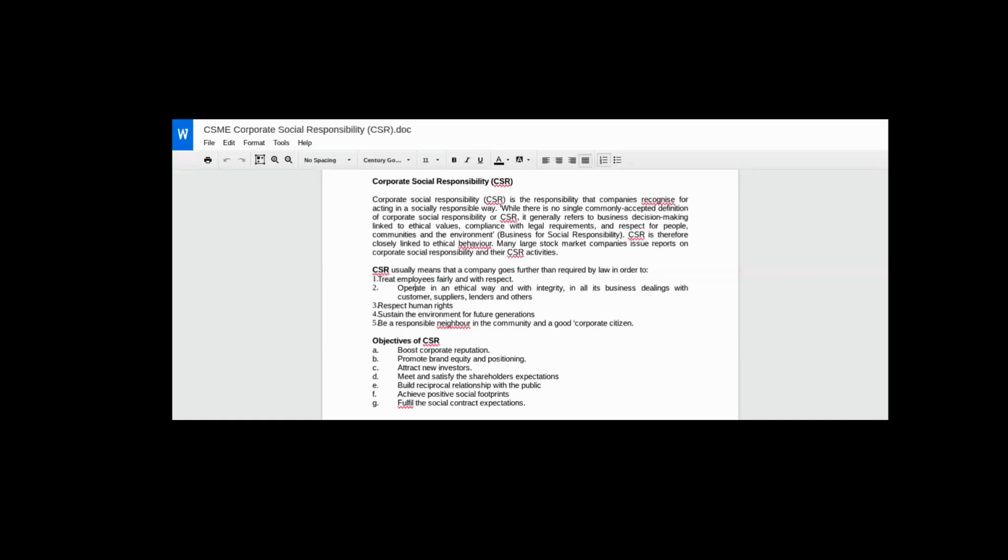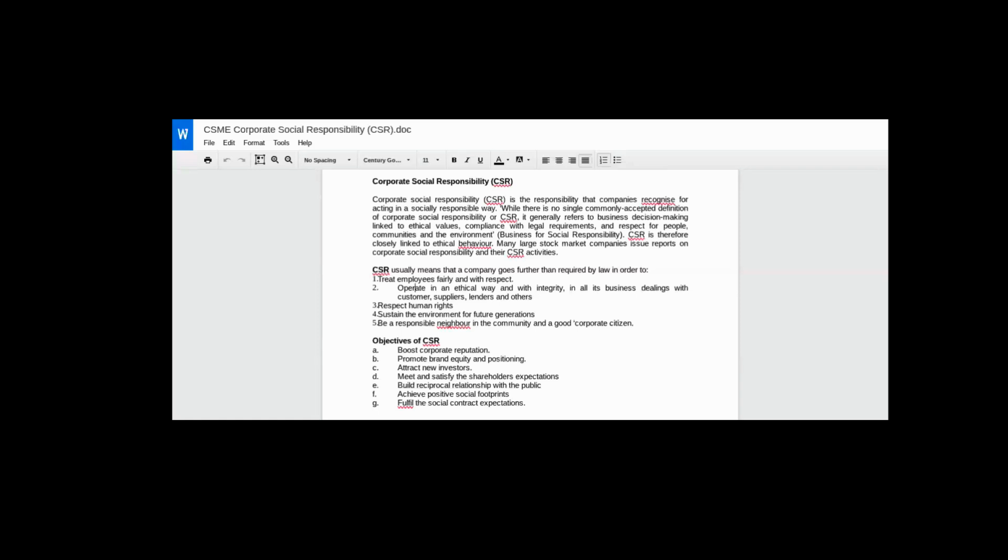Two, we must operate in an ethical way and with integrity. Ethical way means that our relationship must be unbiased. We must have good dealings and fair competition.